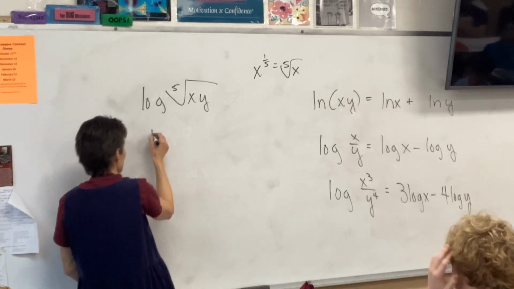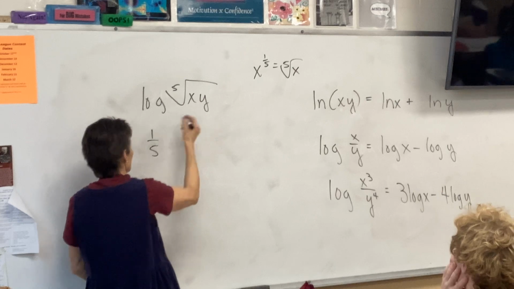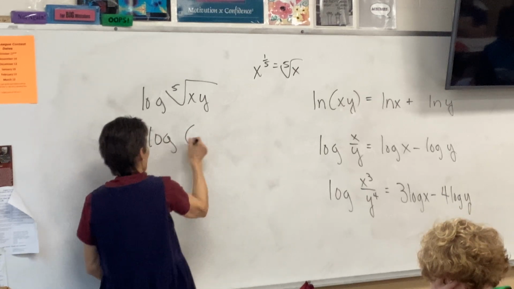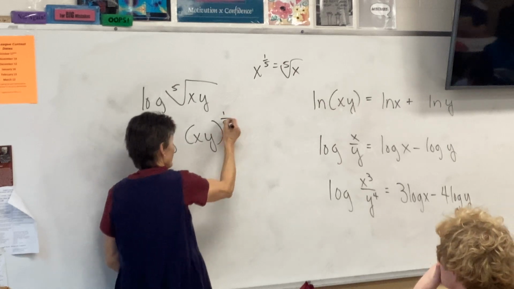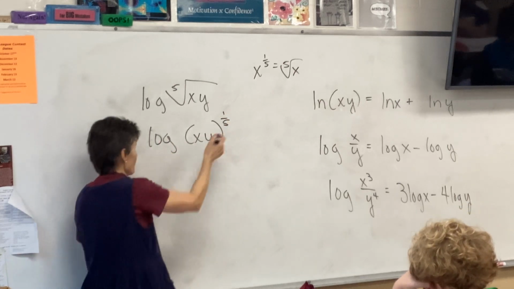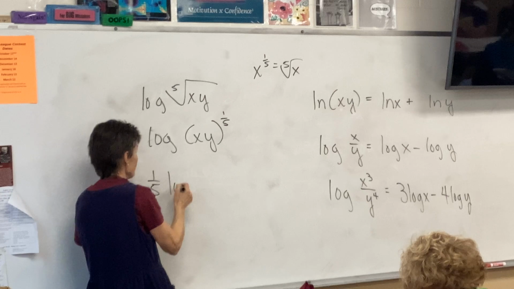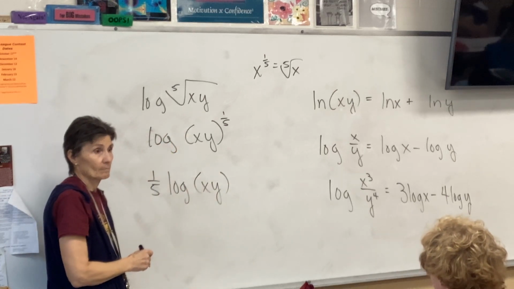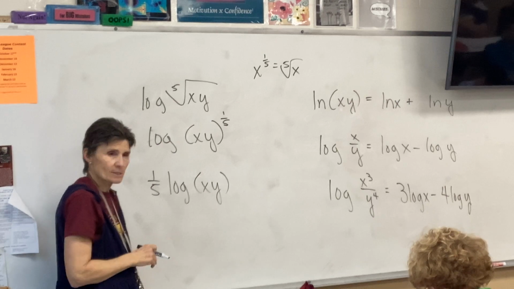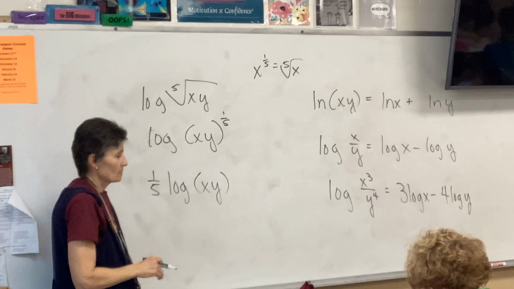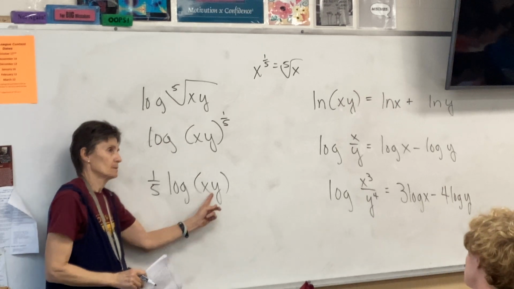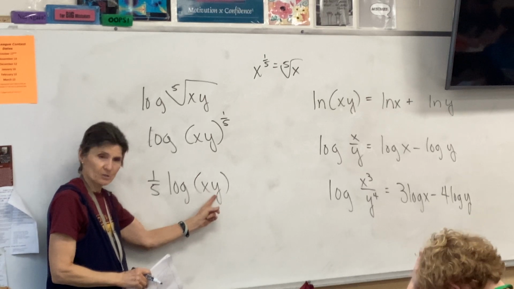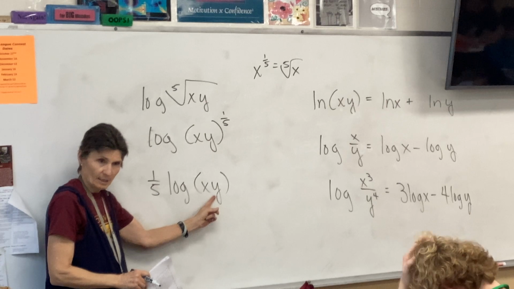So Dane says, I'm going to pull that one. So this is log xy to the 1/5. So I'm going to pull that off. So 1/5 log xy. Is there anything else I can do? What about that x times y there? I'm going to turn it into an addition.